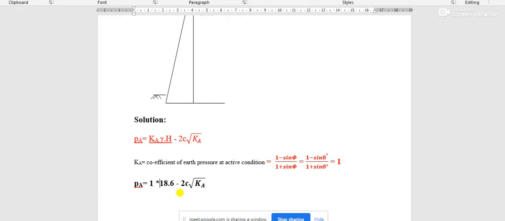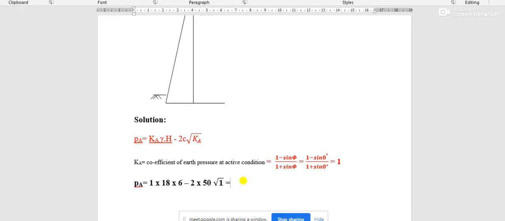For your convenience, you may use the multiplication sign, or you will confuse it with the decimal point. The value of C is 50 kilonewton per meter square, and the value of Ka is 1.